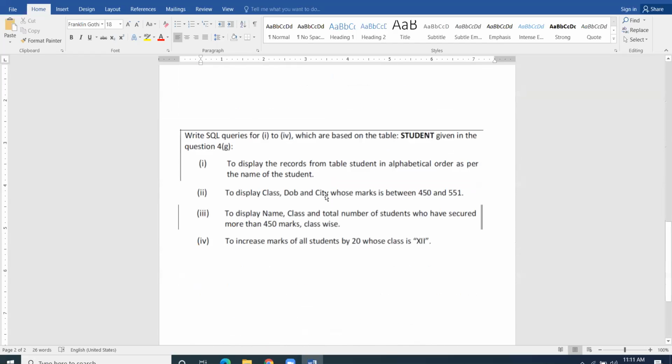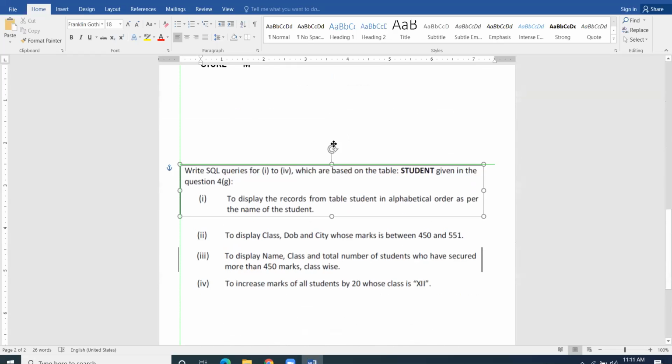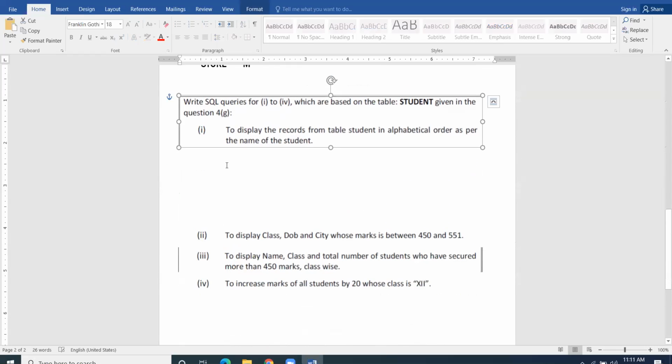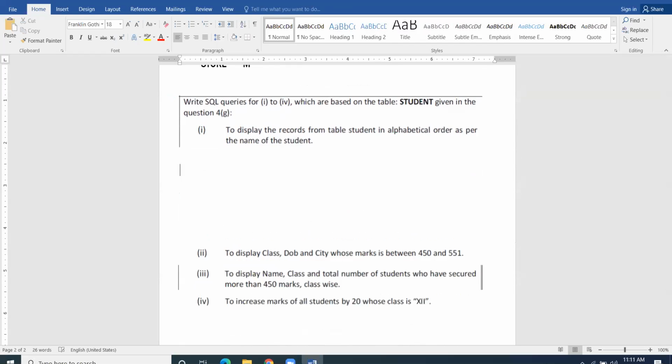Moving to the next question. Now we are to make the commands to display the records from table student in alphabetical order as per the name of the student.